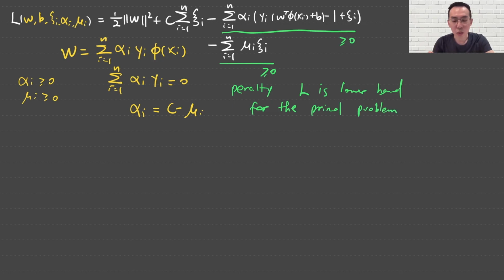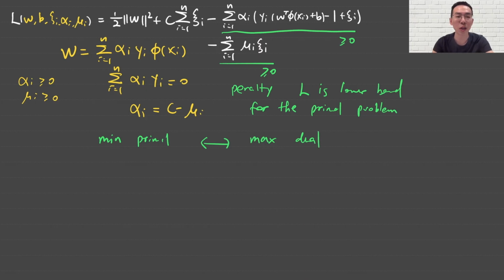Then to connect with the dual problem, we actually want to make the penalty as small as possible. It turns out that a very neat fact in optimization is that minimizing the primal is actually equivalent to maximizing the dual. This is a key insight that we're going to see more of next time.